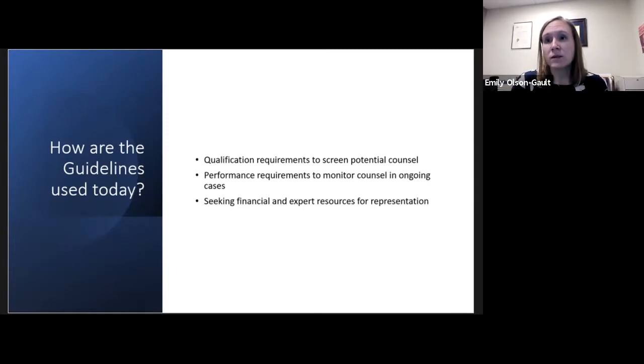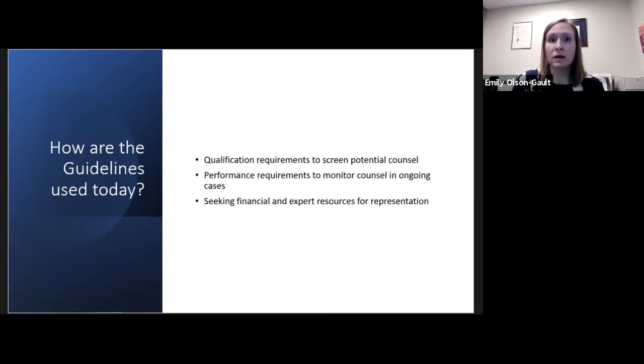The second way is to monitor attorneys who are actively working on death penalty cases to ensure they are meeting the performance requirements that are set forth in the guidelines, that they are doing those things that Robin talked about to ensure that they are investigating the case properly and presenting it effectively to the judge or the jury.